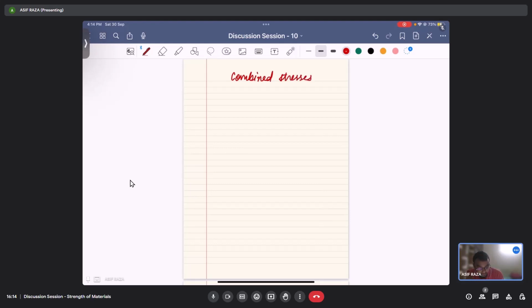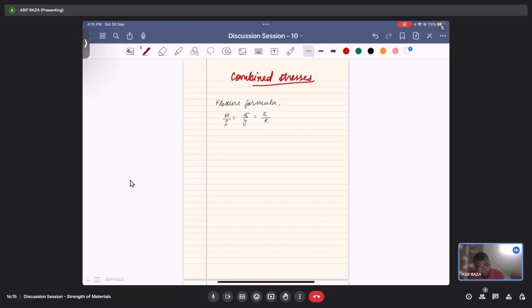So we just need to see whatever we have learned. If you remember, there was a flexural formula. I'll write it here as sigma b for bending.